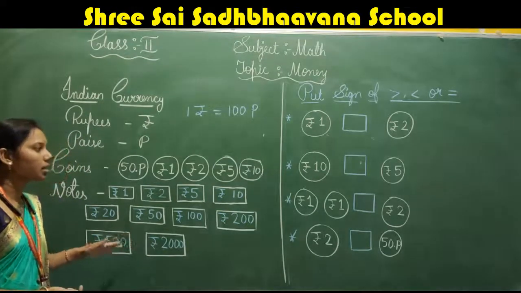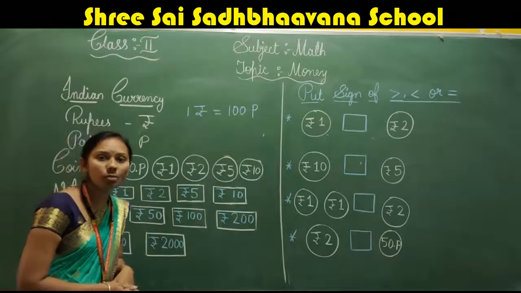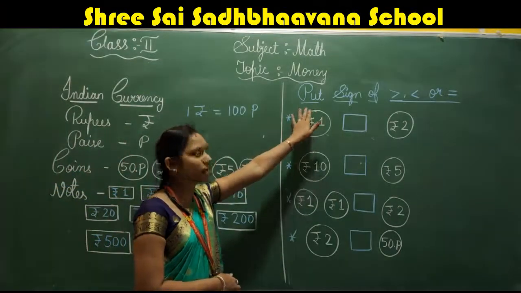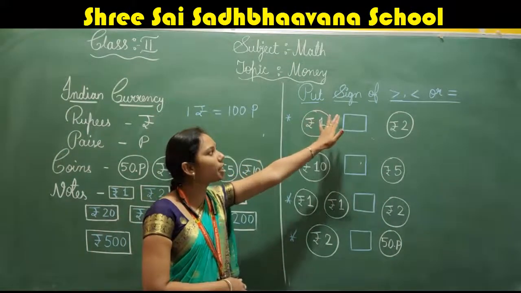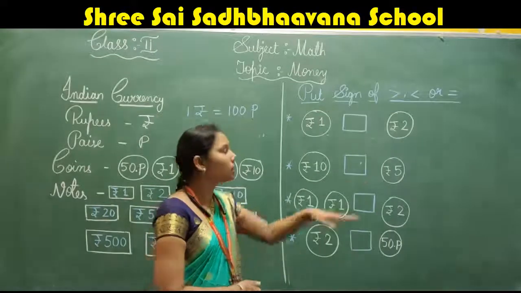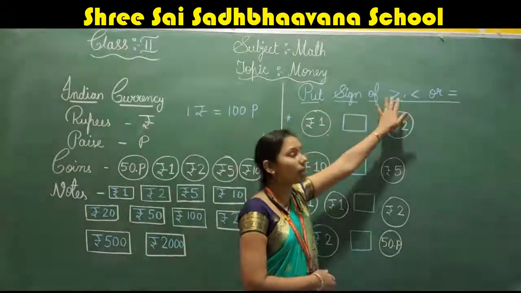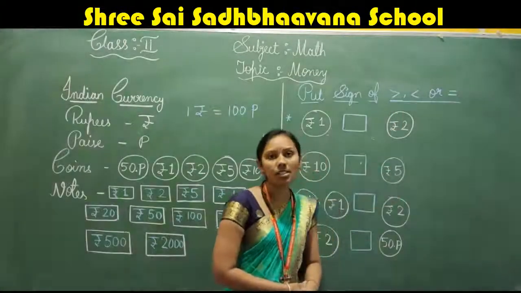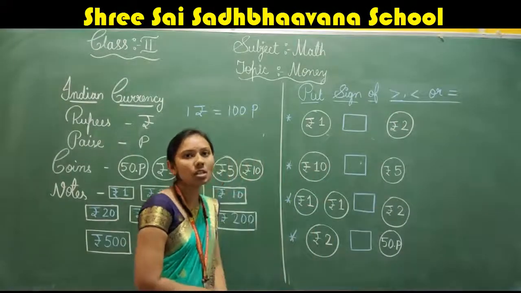So, to understand the value of money, let us do some activity here. The first activity is to put the sign of greater, lesser or equal. You already know when to use this sign.